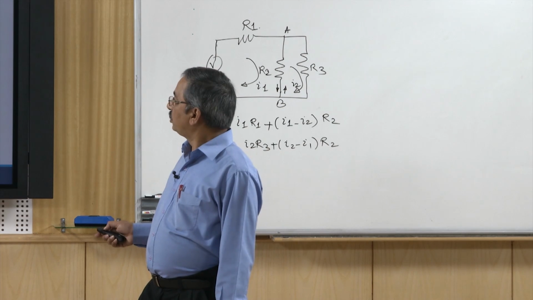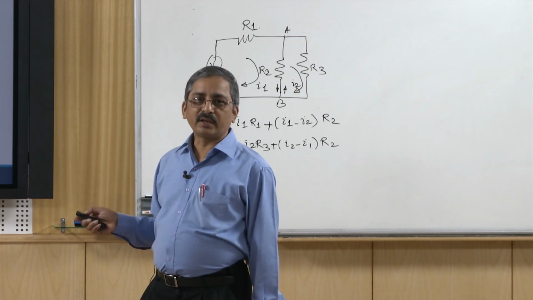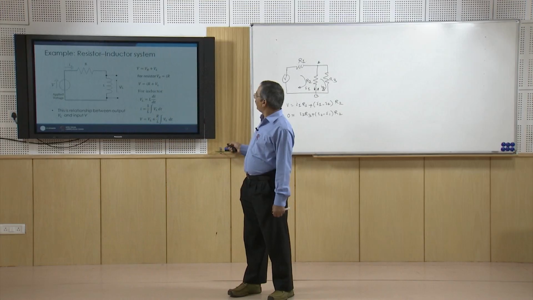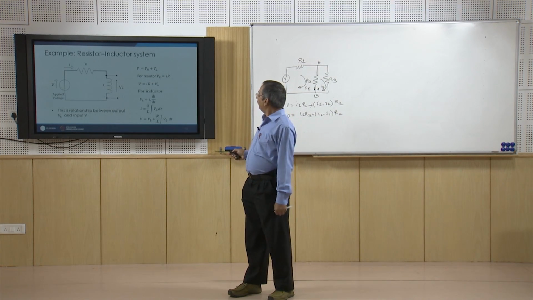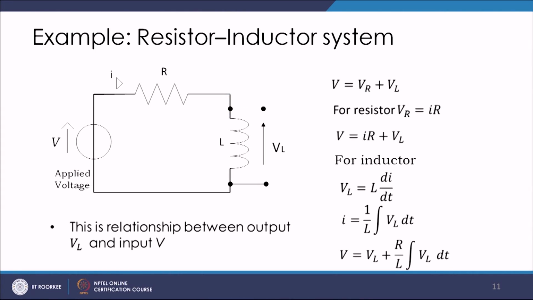Again we can apply Kirchhoff's voltage law, and here V will be VR plus VL. VR we know is I into R, and VL of course is the output here.